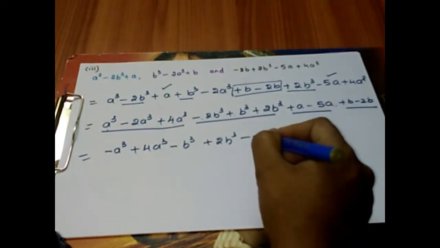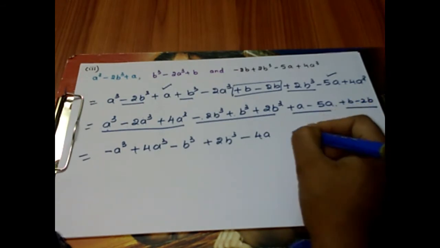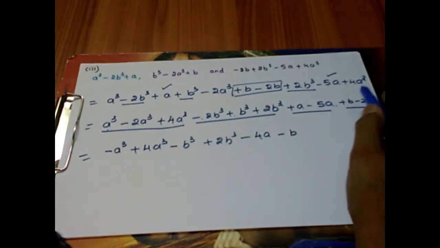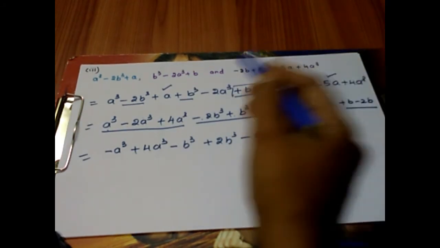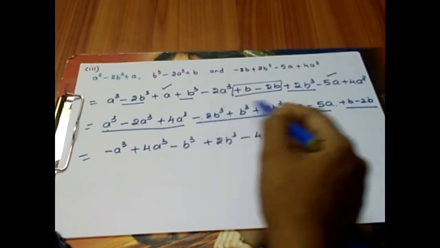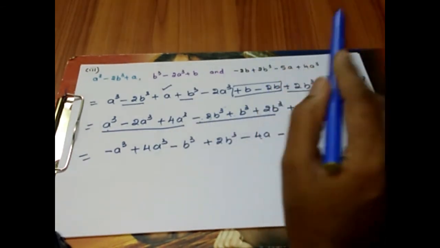Here 1 plus 1 minus, subtract, write the greater number sign, that is minus 4a. So plus b minus 2b is minus b, 2 minus 1 is 1, greater number is minus. You can notice here, children, as it is of plus and minus, you can cancel at this stage itself, and you can carry plus b cube also in the next line.